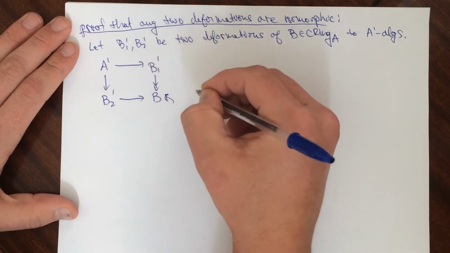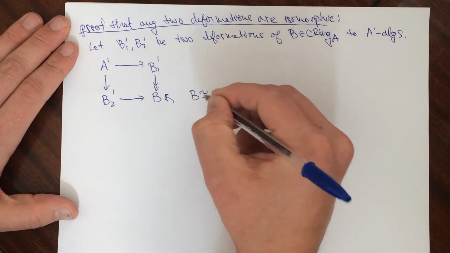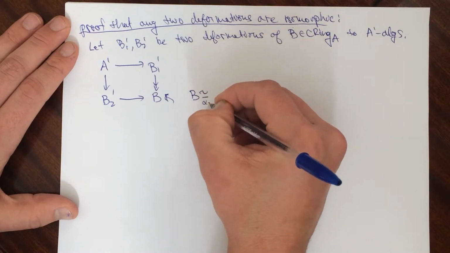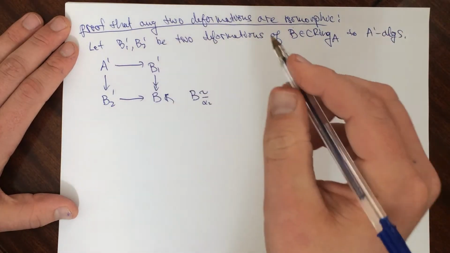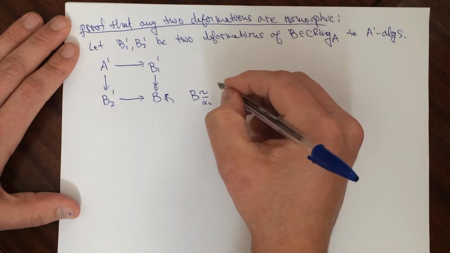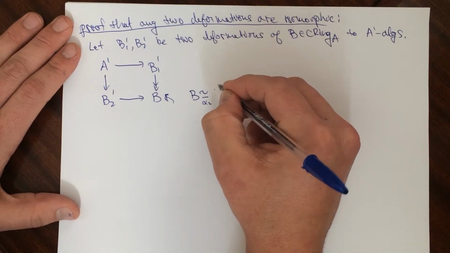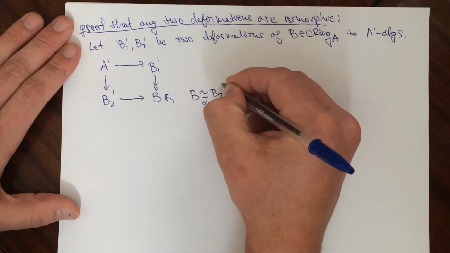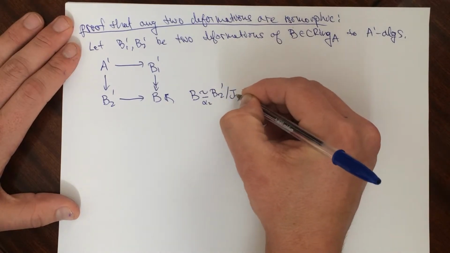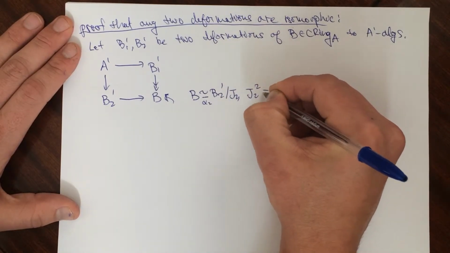So here B is isomorphic via, say, alpha 2. Given the deformation data, this is isomorphic to B2 prime mod J, let's say J2, where J2 squared is equal to 0.